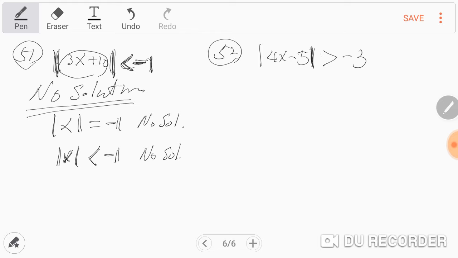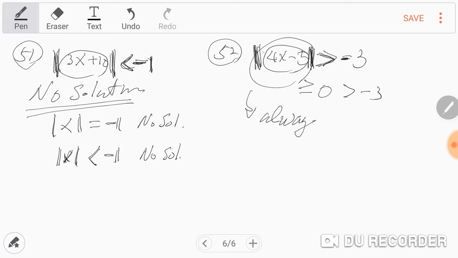How about this? I don't know what this expression is, but the absolute value is greater than negative 3. Of course, the absolute value is always greater than or equal to 0, and 0 is greater than negative 3. So this is always true.